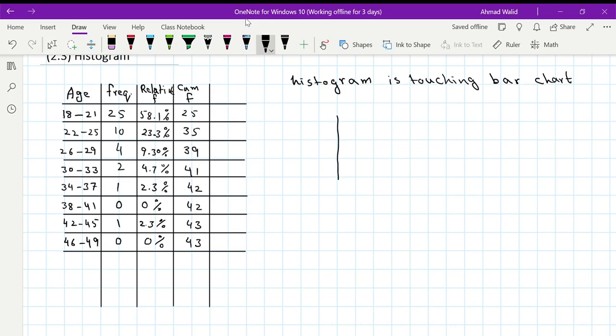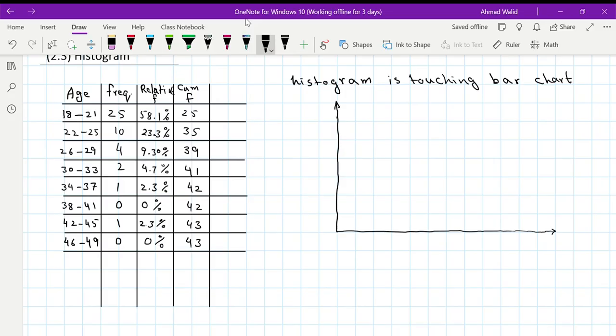You have a vertical axis, correct? And you have a horizontal axis, correct? This is your vertical axis and you have your horizontal axis.